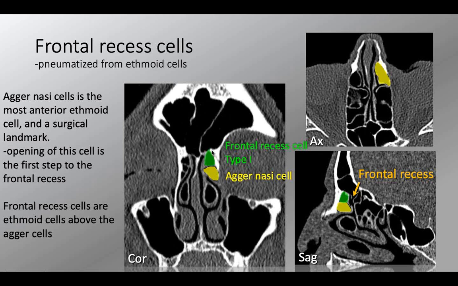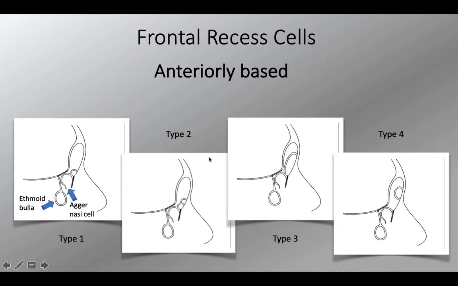But you also have some cells above the agger nasi cells. And this is classified into 4 types. It's type 1 if you have only 1 cell above the agger nasi cells. 2 cells is type 2. Type 3 is an isolated cell up in the frontal sinus, and type 4 as well.